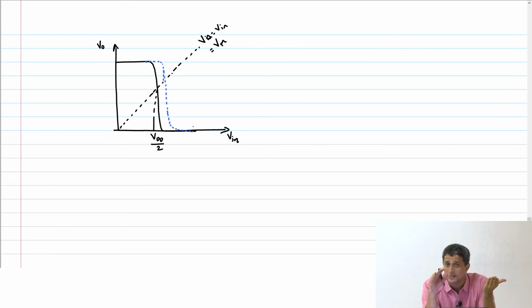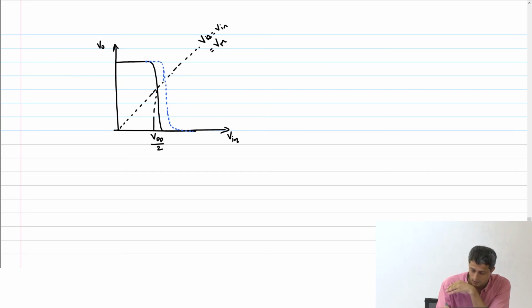That means my VDS can come down, right? I don't need higher VDS to get the same current. So therefore the VDS has to drop. That means the V out will go closer to VDD, right? And that's what we are seeing here.